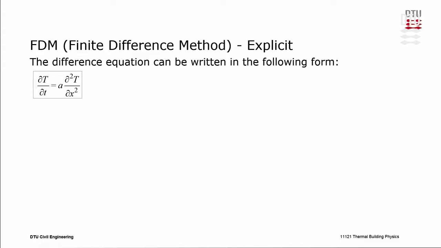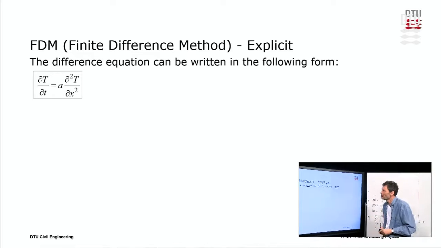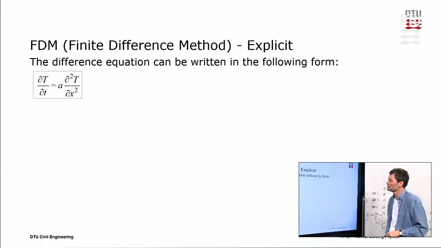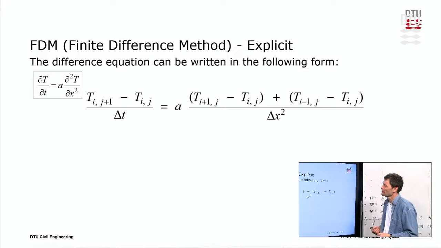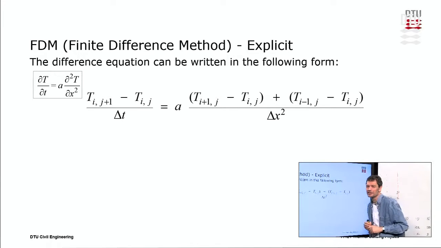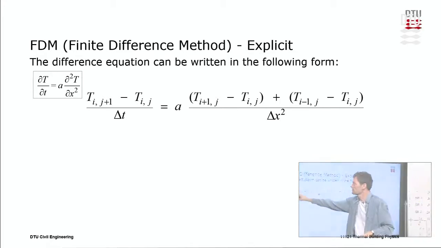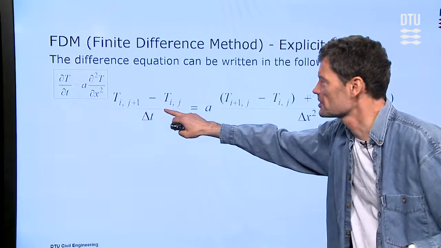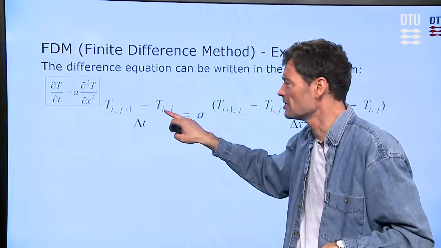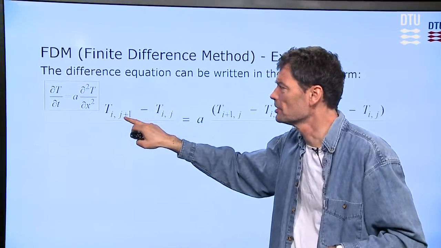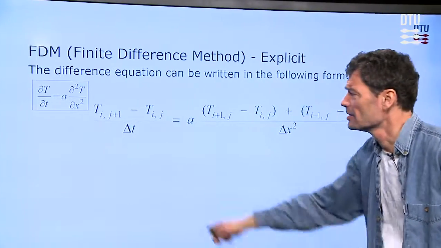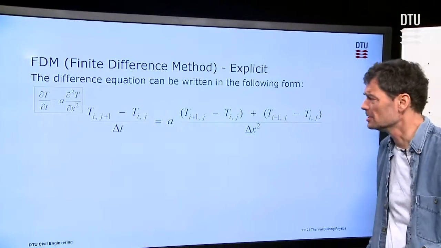So again, I just repeat our general partial differential equation for the temperature development, because this is the equation that we now represent in a difference form. So the partials are made into differences. We have changes in temperature from time level j to time level j plus 1 at the same point i, and this we take per delta t.